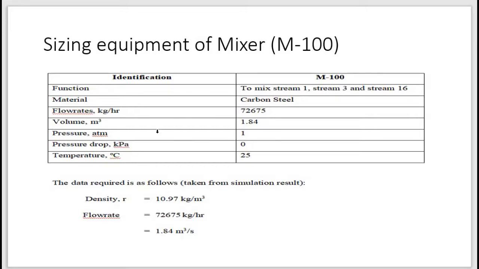For the mixer, the material we are using is carbon steel instead of stainless steel, because the mixer does not require special criteria for mixing. Carbon steel is also more affordable and cheaper compared to stainless steel.